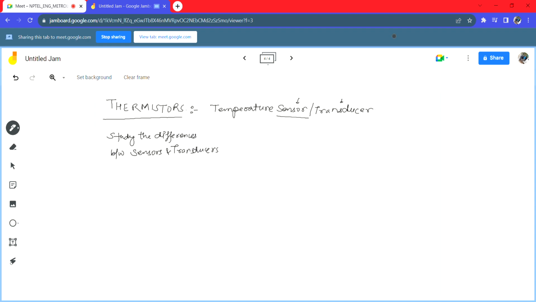The word thermistor is the combination of two words, thermal and resistor.